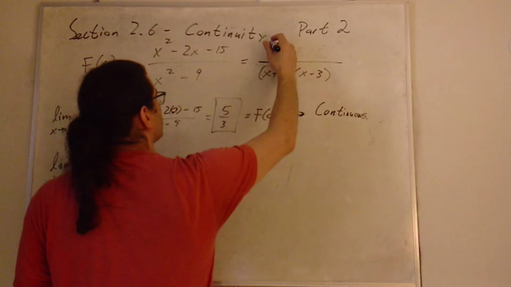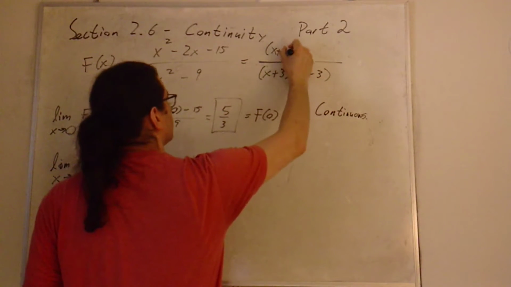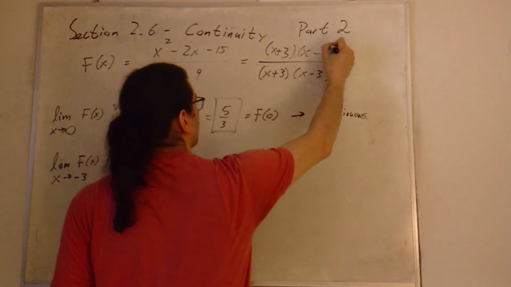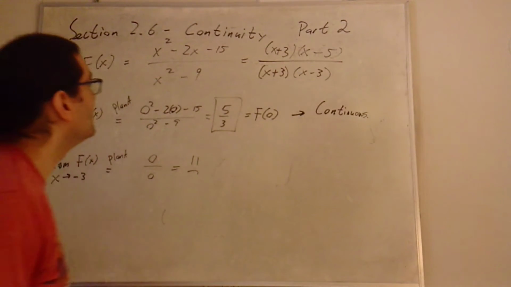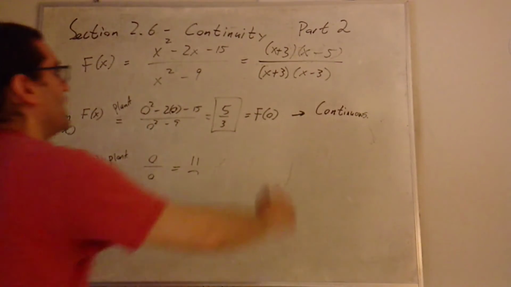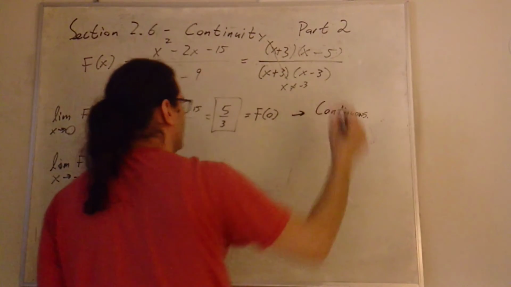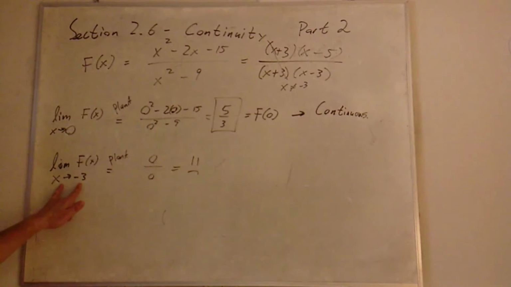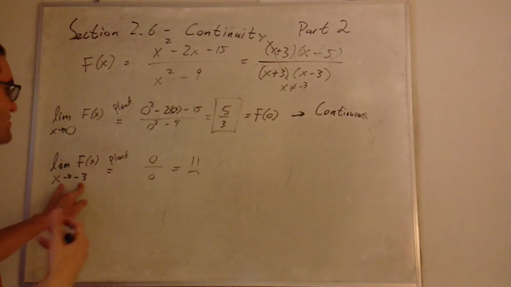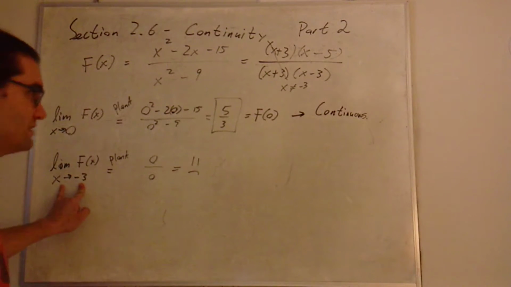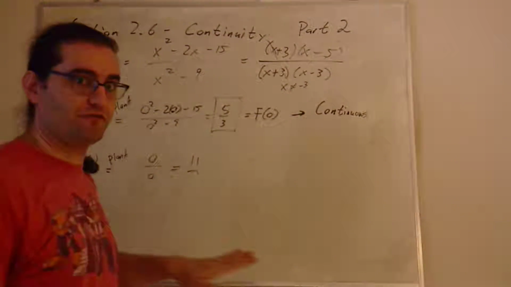I think the top is going to factor into x plus 3 and x minus 5. Looks like. So these guys will cancel as long as x does not equal -3. Good news, I'm taking a limit, so it doesn't actually equal -3, we're just pretending it does, which is completely different and totally safe.